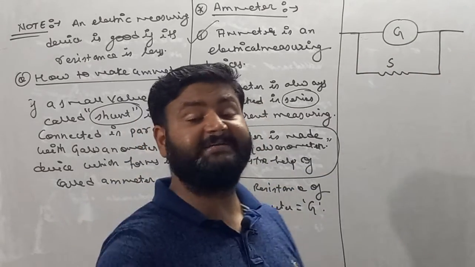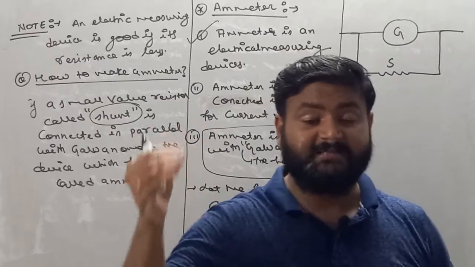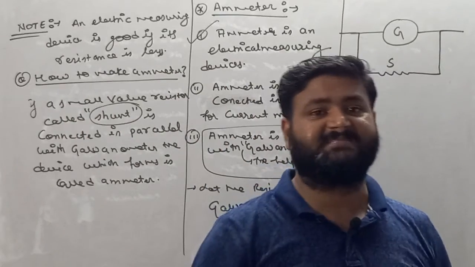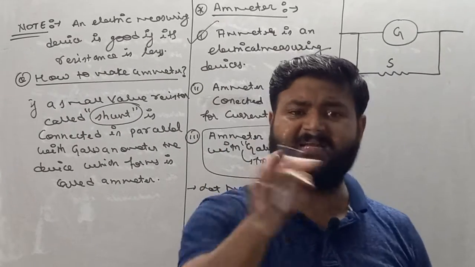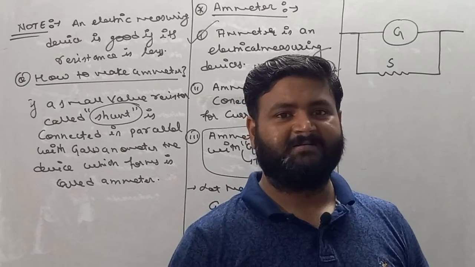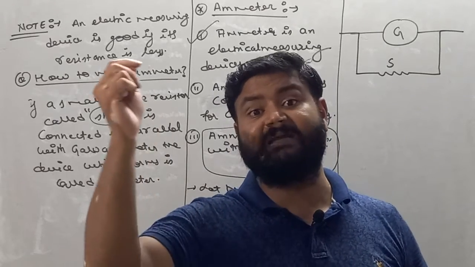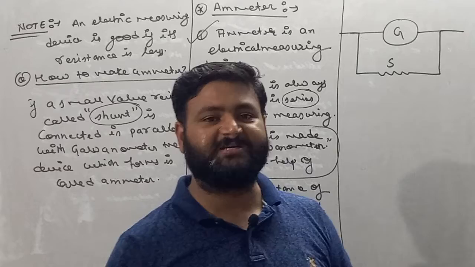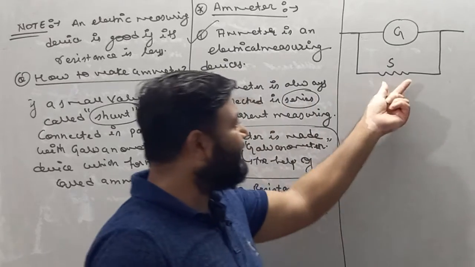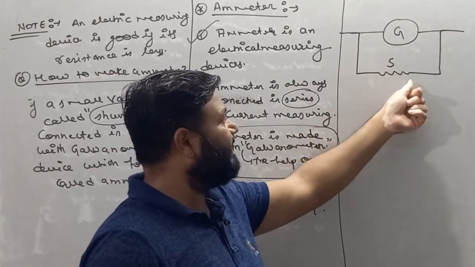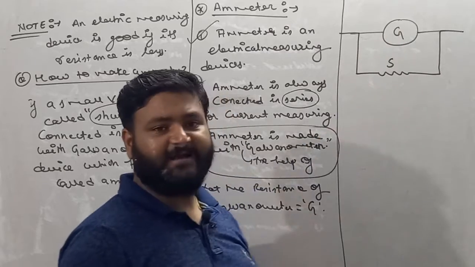Actually, a shunt is basically a resistor whose resistance is very low, so low that we can almost neglect it. So we can connect the shunt in parallel with the galvanometer.